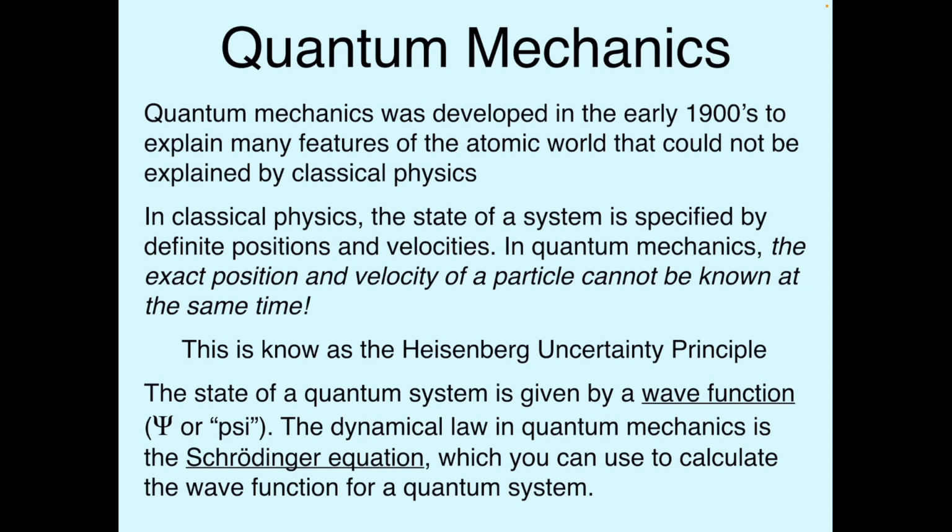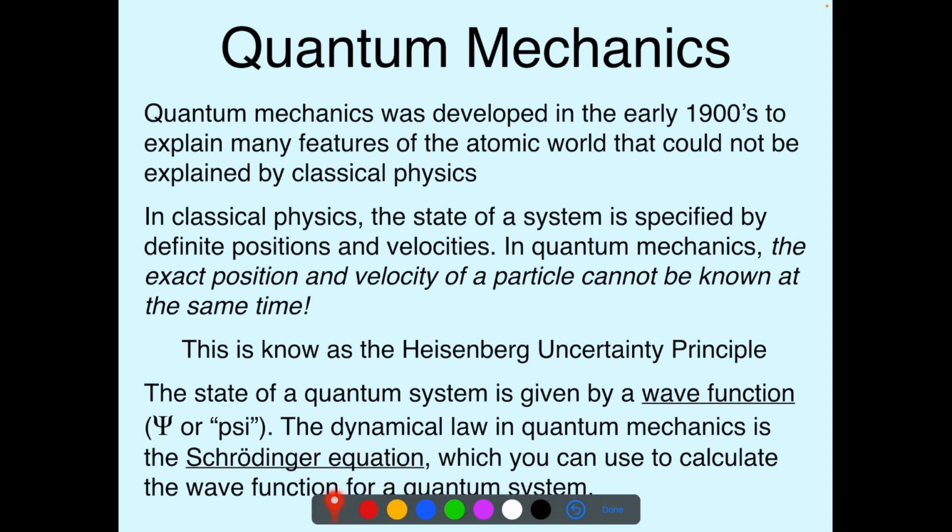So in quantum mechanics, the state of our system is given by something called a wave function, okay? And a wave function is given by this variable psi, okay? That's the Greek letter psi. And the dynamical law in quantum mechanics is no longer F equals ma. It's actually something called the Schrödinger equation.